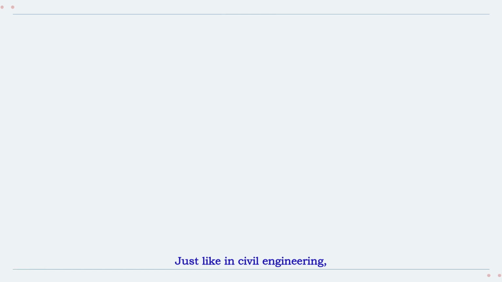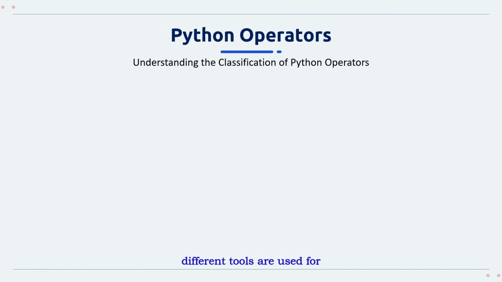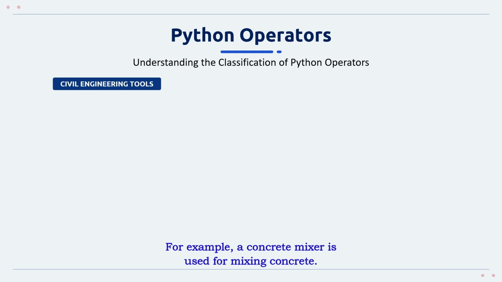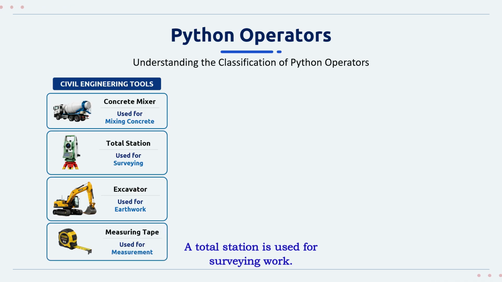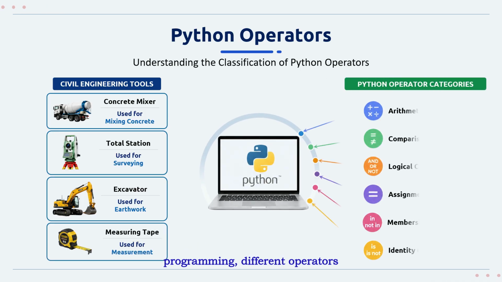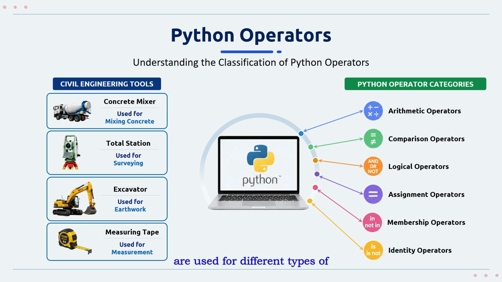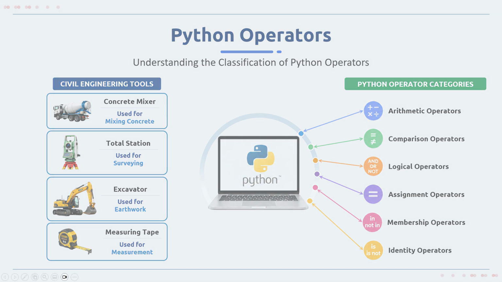Just like in civil engineering, different tools are used for different works. For example, a concrete mixer is used for mixing concrete, a total station is used for surveying work. Similarly, in Python programming, different operators are used for different types of operations.